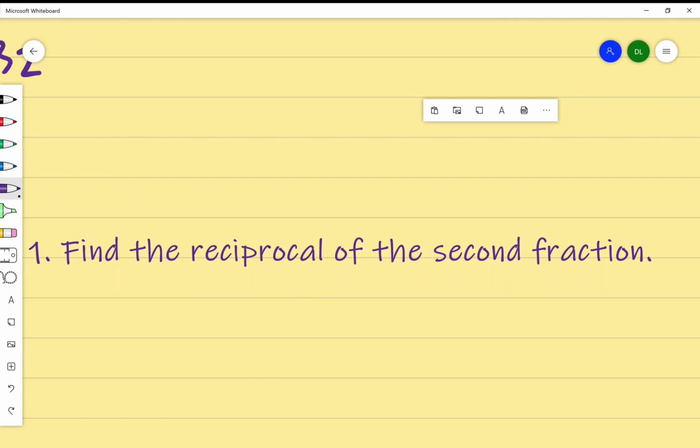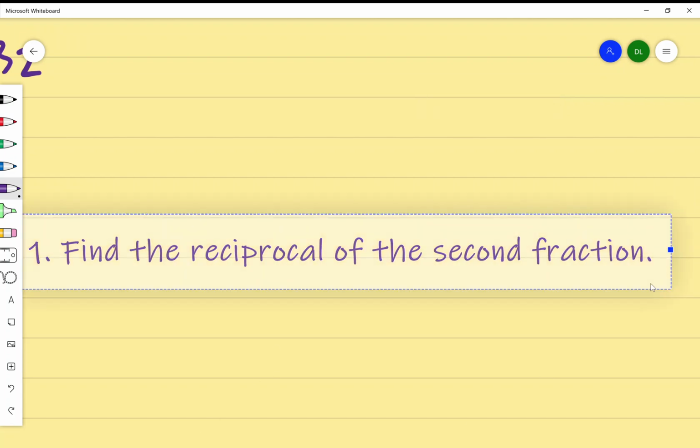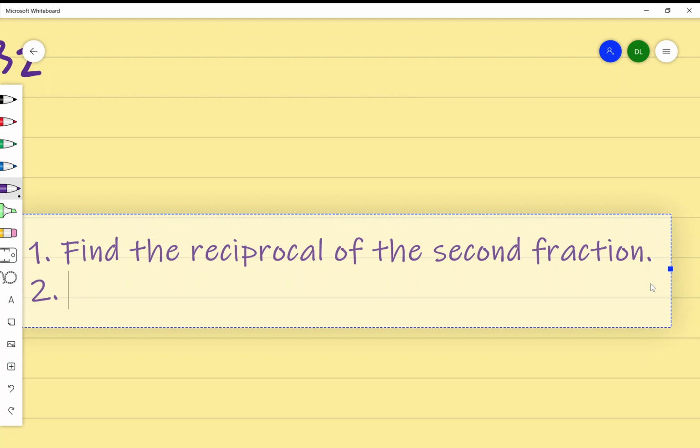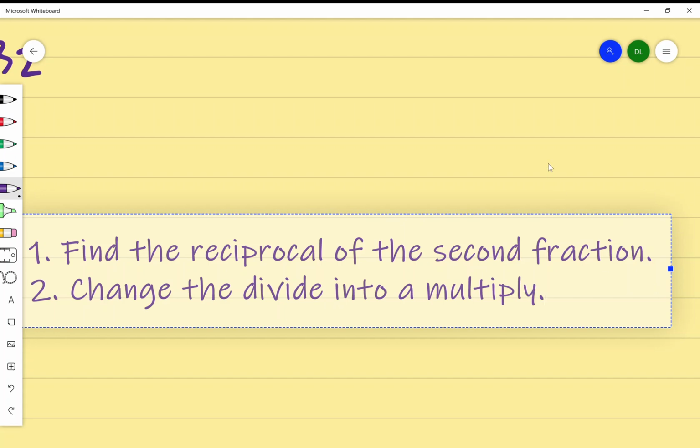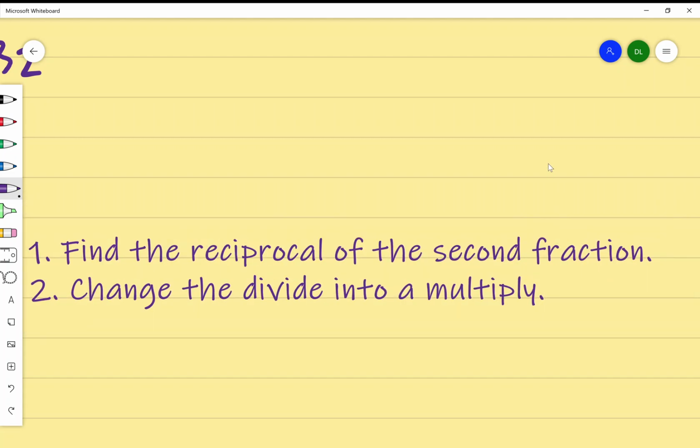There we go. And then step 2, we change the divide into a multiply. Okay? So first thing we do is find the reciprocal, we flip the second fraction, and then we change the divide into a multiply, and we just multiply it from there.